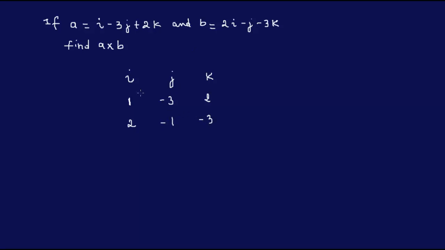Okay, so all you need to do is find the determinant. So A cross product B, you basically multiply out as if you were to find the first determinant of a 3 by 3 matrix.